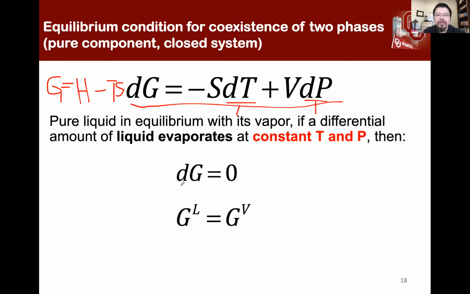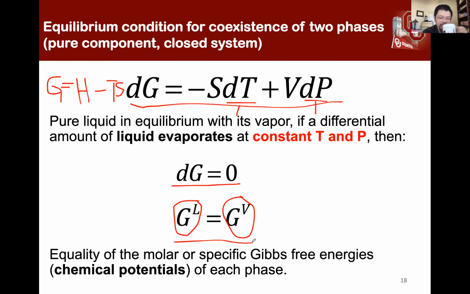In other way, if we have dG equals 0, and at the same time we are having two different phases, one is the liquid, the other is the vapor, then according to this equation, we can quickly arrive at this equation. That means the Gibbs energy of the liquid shall be exactly the same as the corresponding vapor phase. So that is the other agreement that we can quickly have.